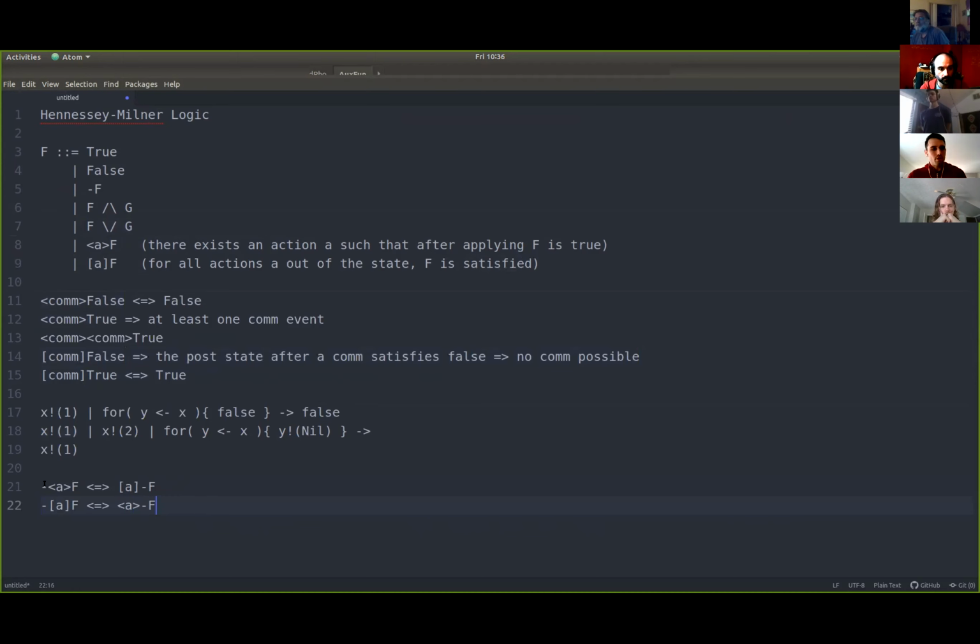So here we're saying it's not the case that there exists an A with which we transition into a state that satisfies F, and that is logically equivalent to: for all A, if we transition using A, then the post state will satisfy not F. And basically the same thing for the other identity.